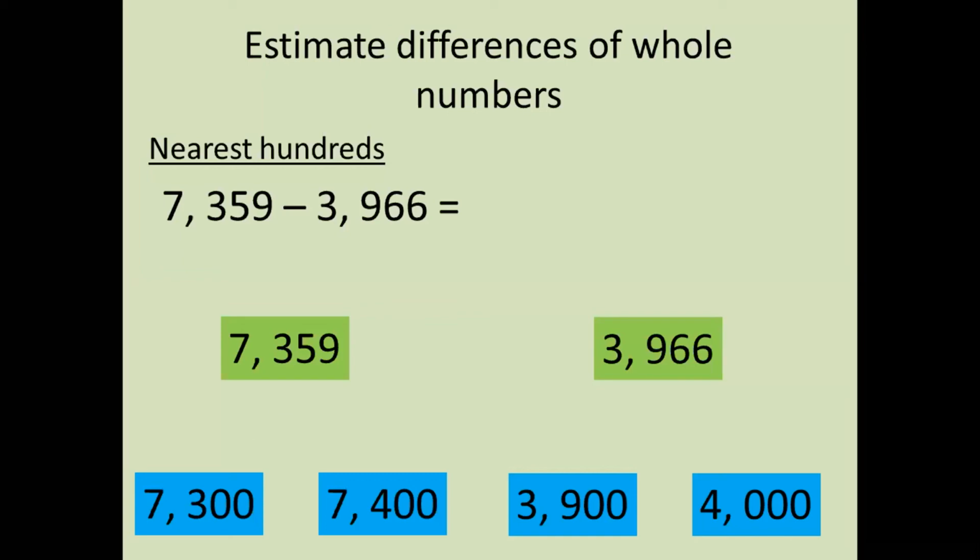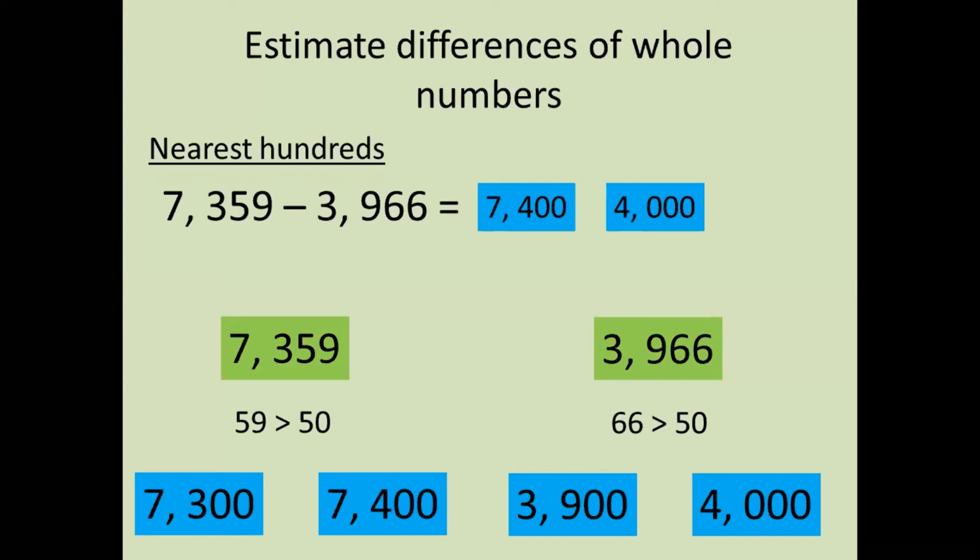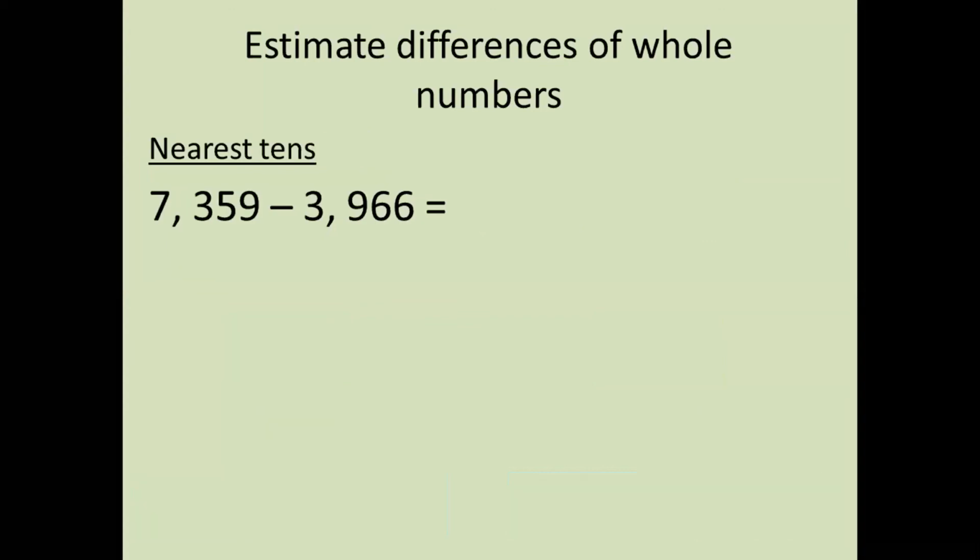Very good. So we compare 59 with 50 and 66 with 50, and we come to an understanding that the answer is 7,400 minus 4,000. Okay? 1,400. Yes, very good.